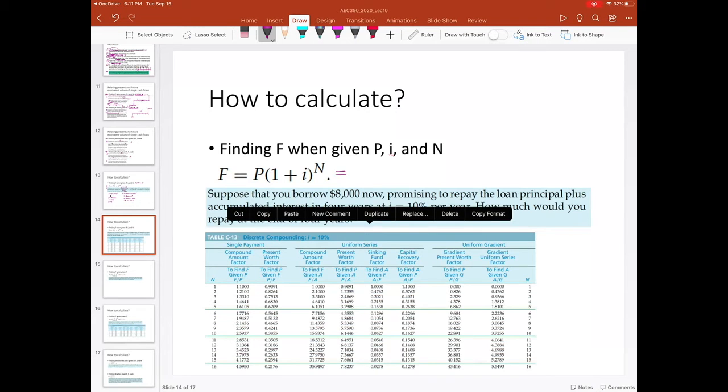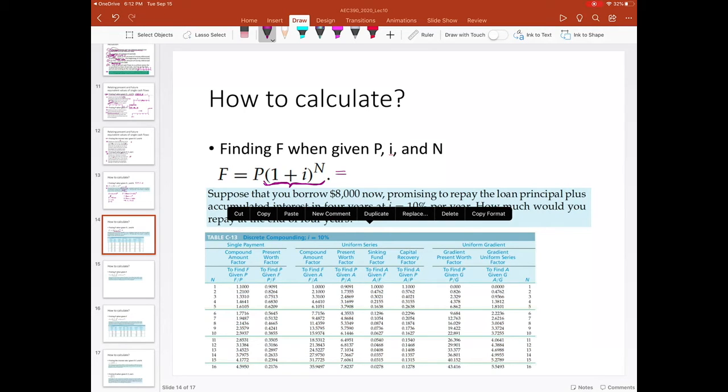This is the equation, but we can put this, 1 plus interest rate to the power of N. Somebody else already calculated this in different scenarios, like when I is 1%, I is 2%, I is 3%, until I is 20%, and when N is 1, 2, 3, 4 until 100. Somebody has already calculated the different combinations of this term.